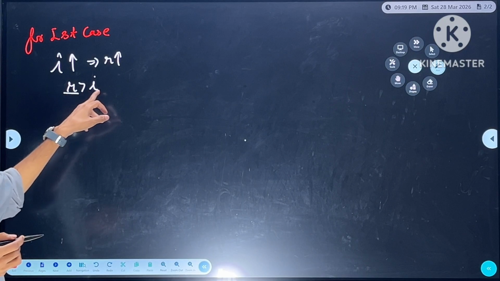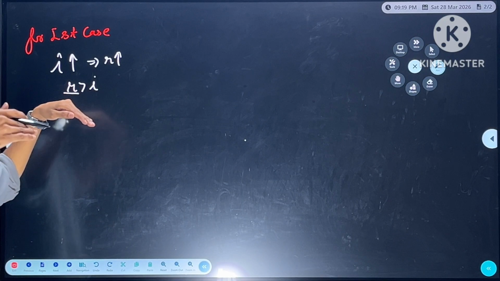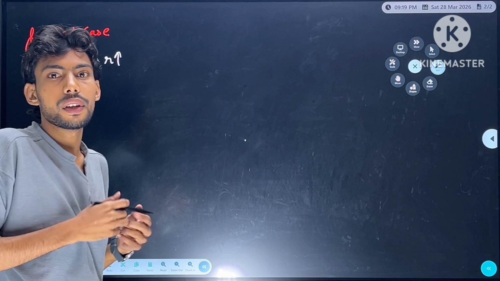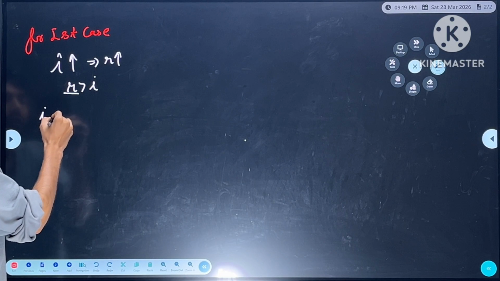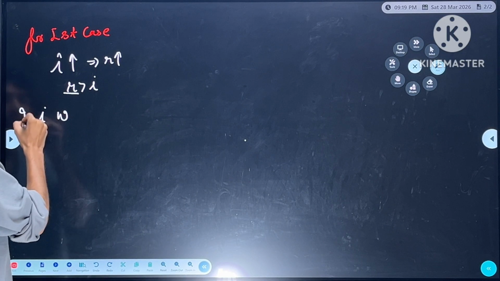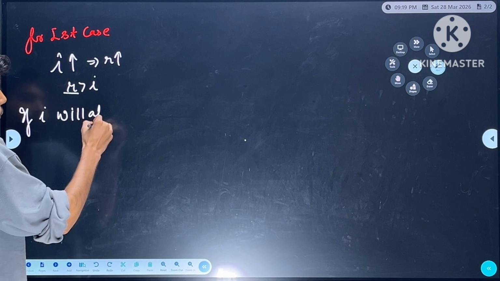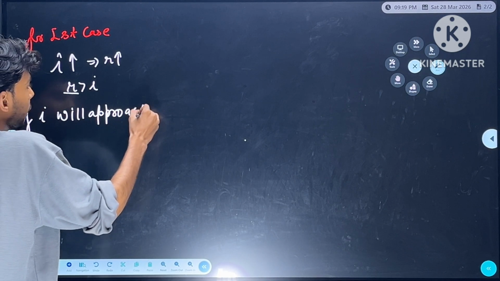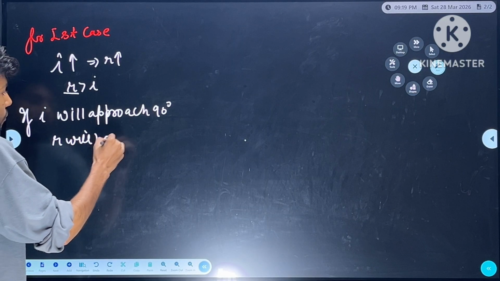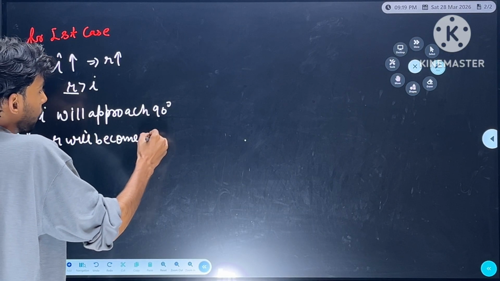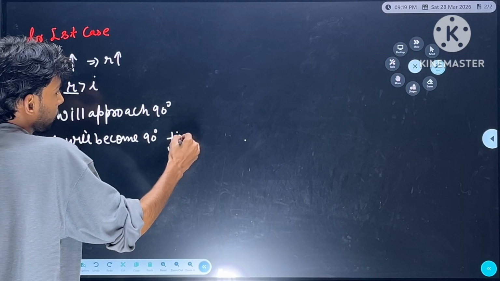Because R is always greater. So if I is increasing, R is also increasing, but this R is always greater than I. That means if I approach 90 degree, R will become 90 degree first, right?